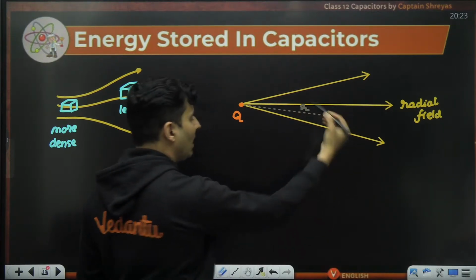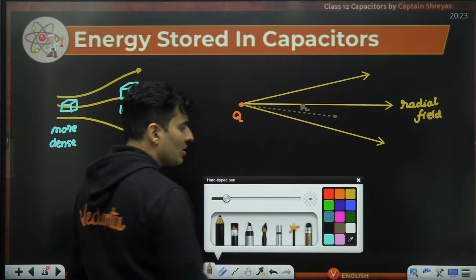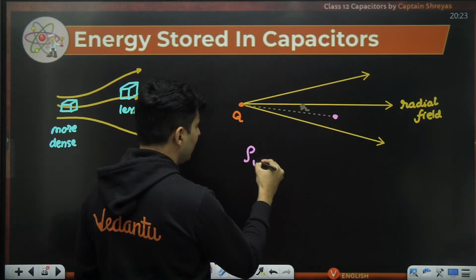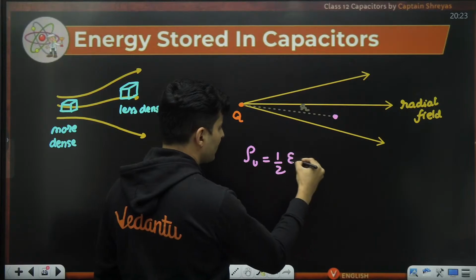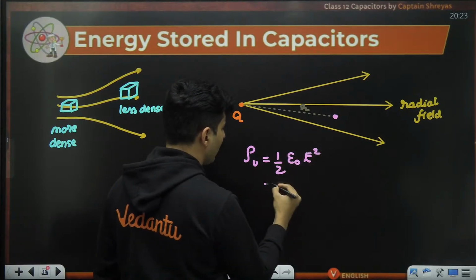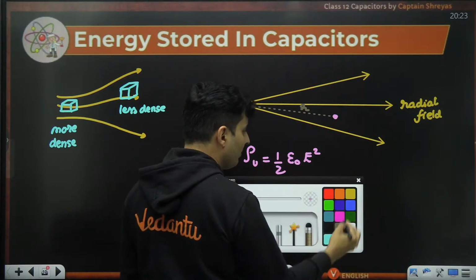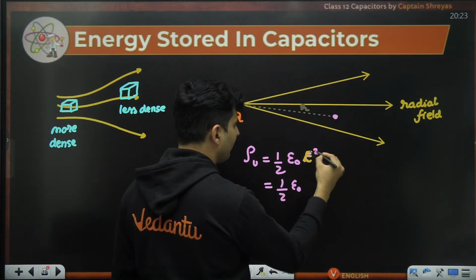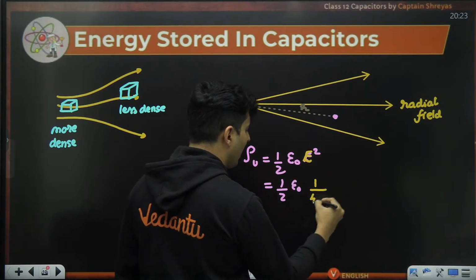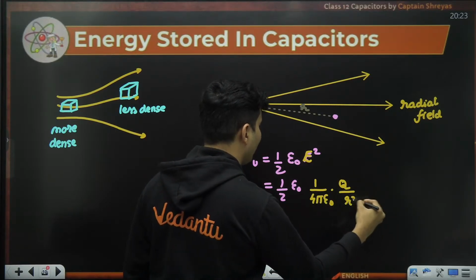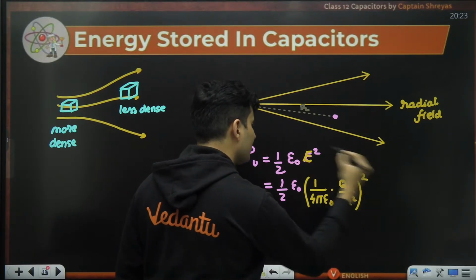So at this point, how much is the energy density? At this particular point, the energy density is half epsilon naught electric field square. But the electric field due to a point charge is simply given by 1 by 4 pi epsilon naught charge divided by r square. But I have to square this also.